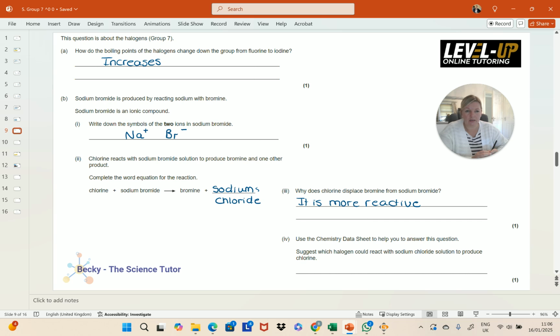So what could we react with sodium chloride to displace the chlorine? When you look at your periodic table, the only one that's above and therefore more reactive is fluorine. And whether you write the word or you put the symbol, either is acceptable.